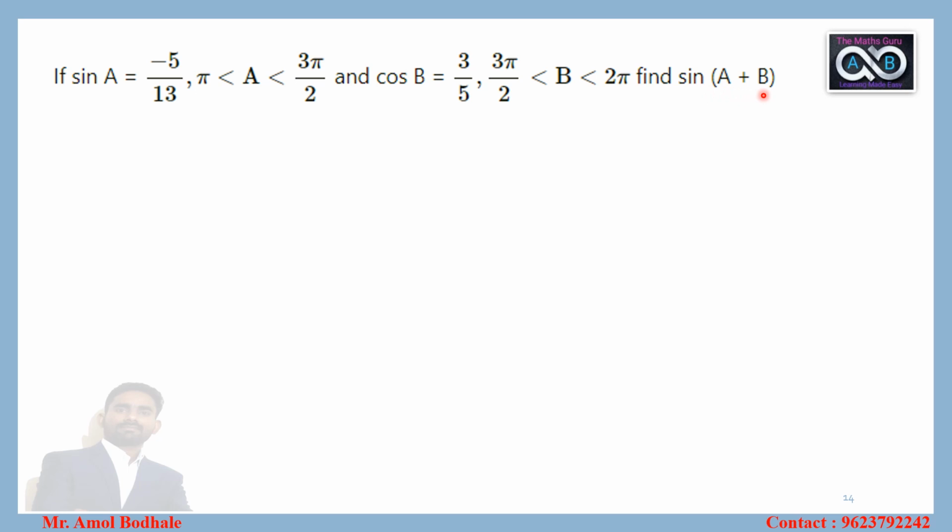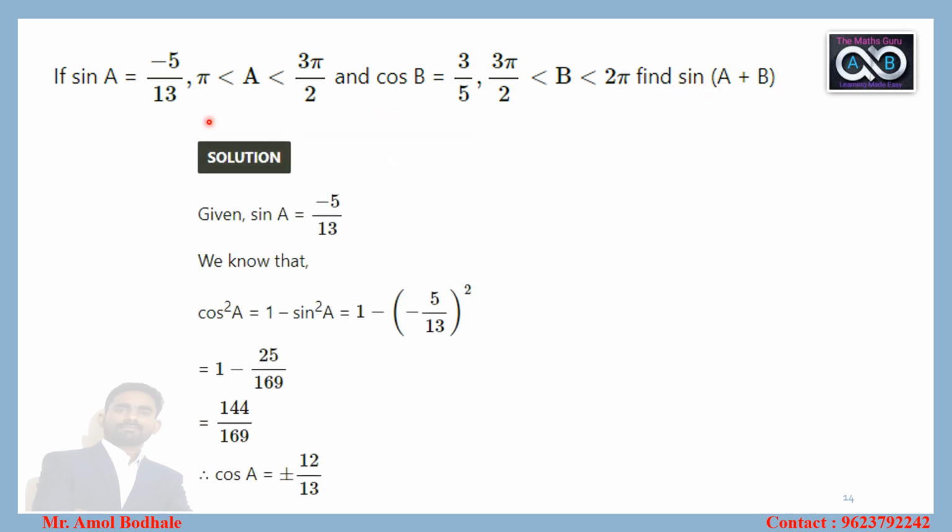As we know, the expansion of sine of A plus B is sine A cos B plus cos A sine B. That means we should know the value of sine A, which is given, and cos A. We don't know cos A, but using sine A we can easily find cos A. The next term is sine A cos B plus cos A sine B. So cos A we can find, and sine B we can find from cos B. Using sine A we can find cos A, and using cos B we can find sine B, and we can use those values to find sine of A plus B.